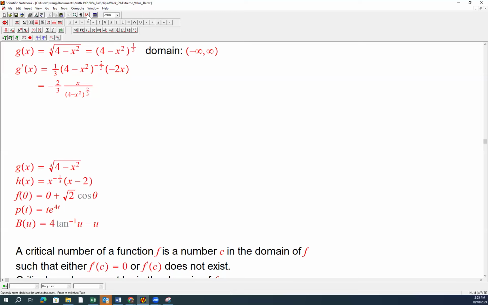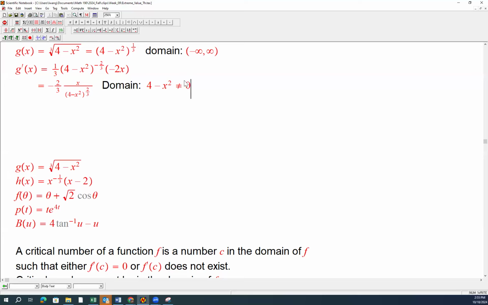And what's the domain of the derivative? For the function, the domain is all real numbers, but for the derivative, we have additional numbers that cannot be in the domain, because the denominator cannot be 0.